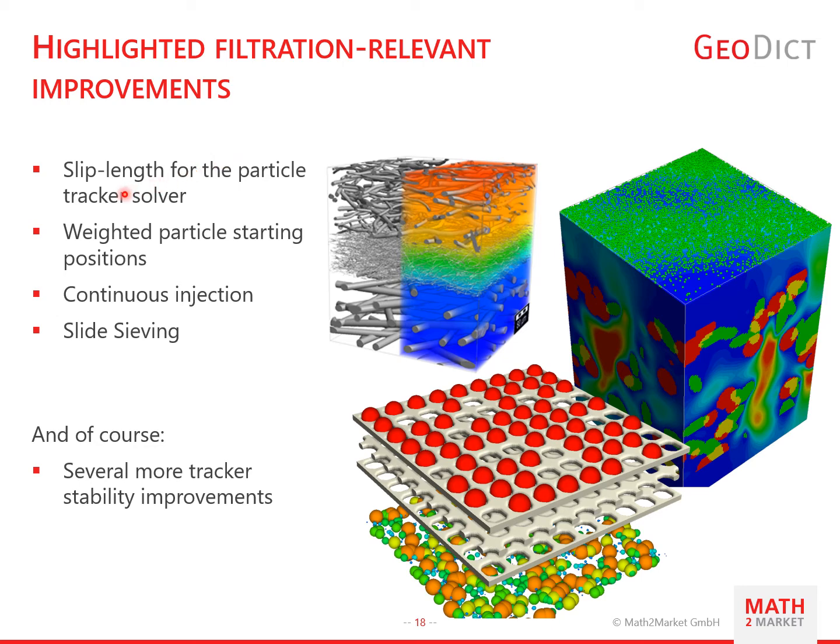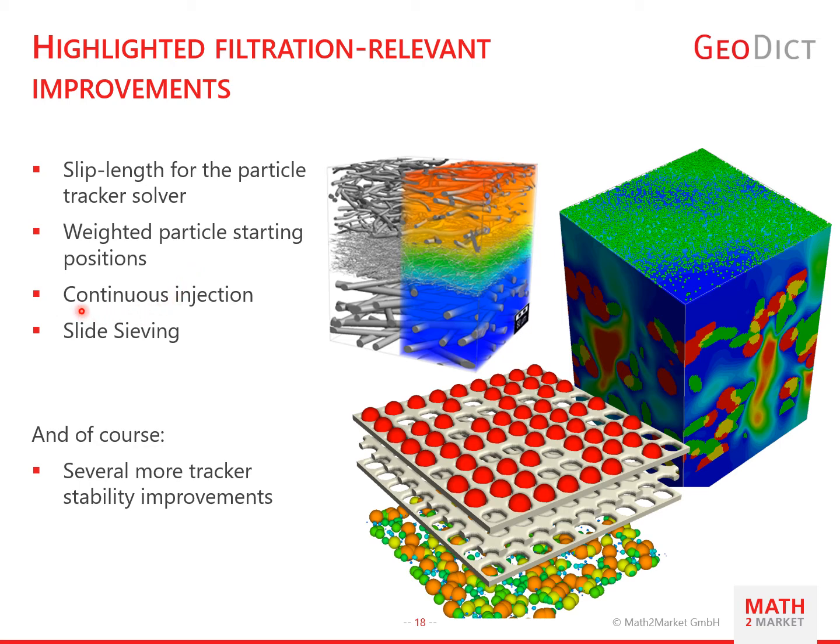We have the slip length here, not only for the flow simulation, but also in the new version, also for the particle tracker solver. Then we have the weighted particle starting positions so that we get a more realistic distribution of particles at the inlet.